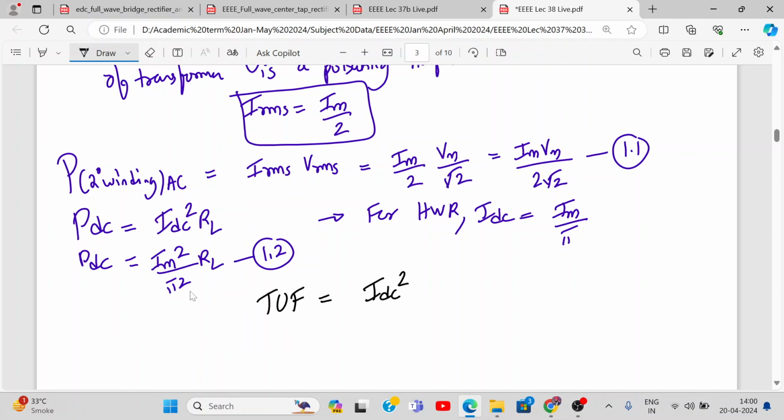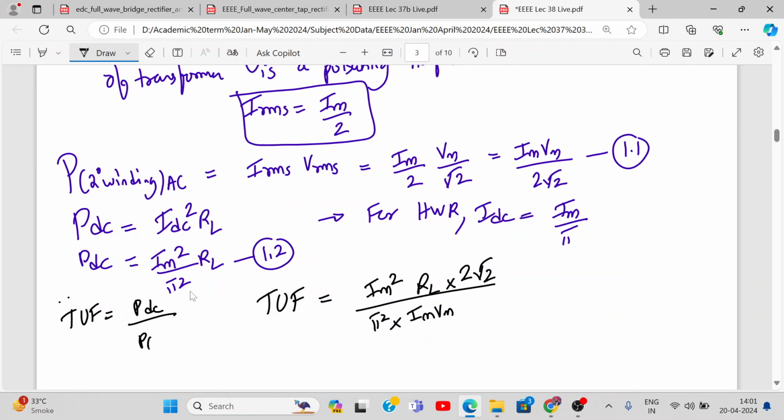It is Im square by pi square RL divided by Im Vm by 2 root 2, so the 2 root 2 will go up. Correct? Because TUF is PDC upon P secondary winding AC. Over here, what gets cancelled? Tell me.